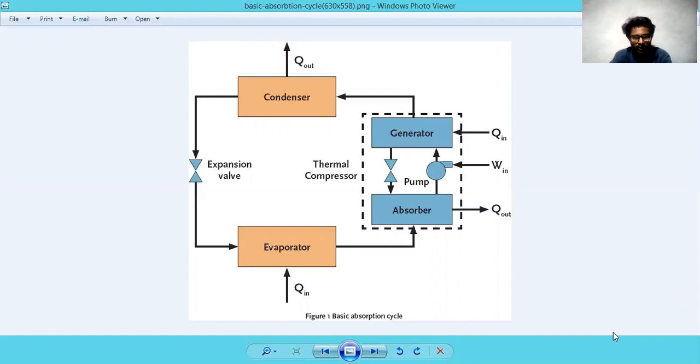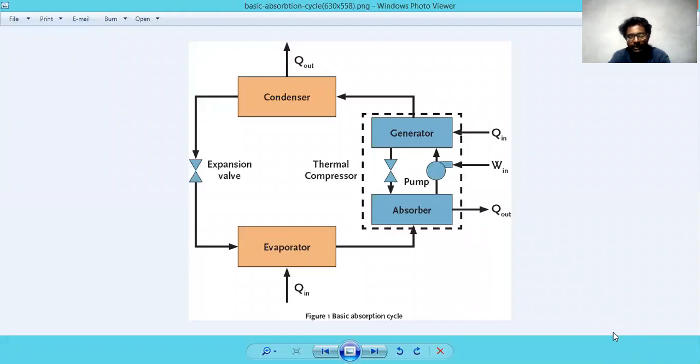The right hand portion and left hand portion will be the same as compared to the previous one, but you are just replacing that compressor, where we were adding the work, with this thermal compressor. In that thermal compressor, one device we call the generator, and another device we call the absorber.